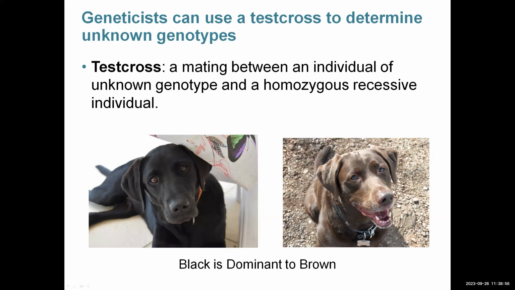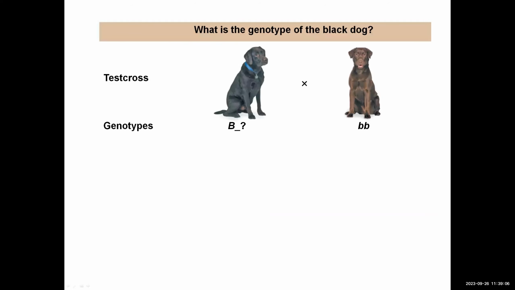In this situation, we don't know who the parents of the black dog are, and we don't know if the black dog is homozygous for black or not. If we want to answer this question, we can cross the black dog to a recessive individual. Depending on what the black dog's genotype is, we can expect different outcomes.